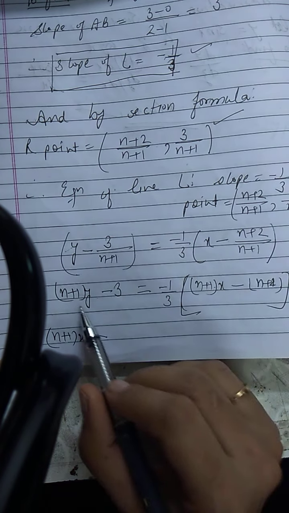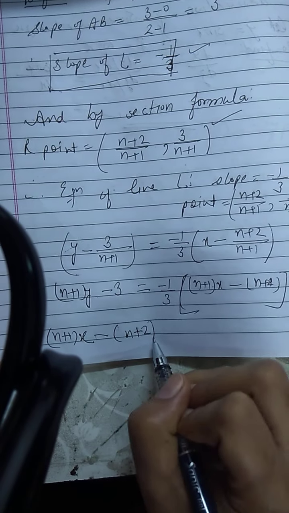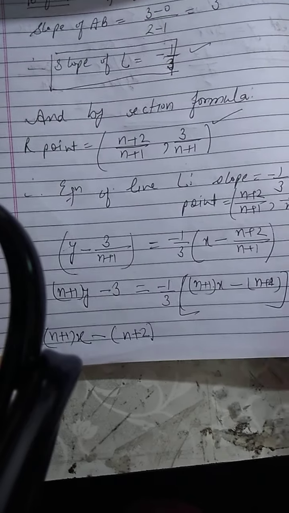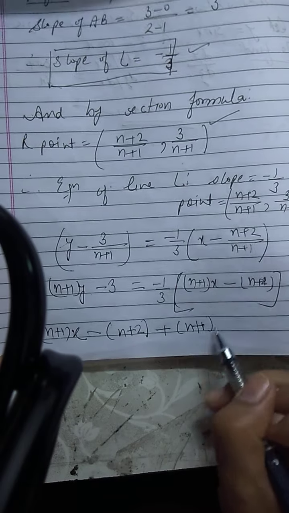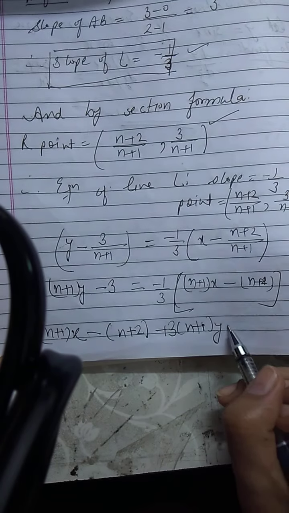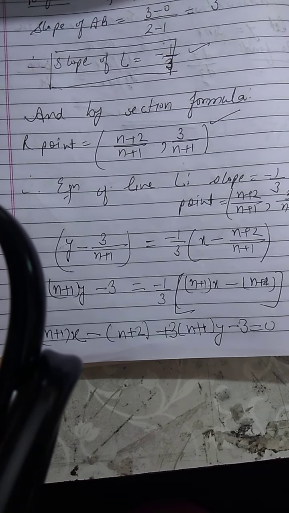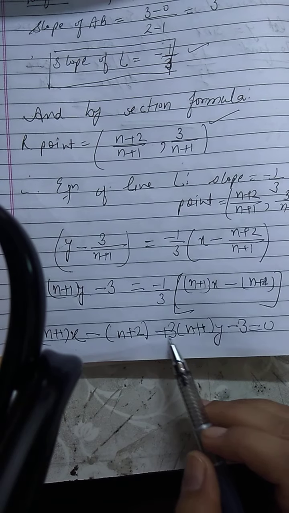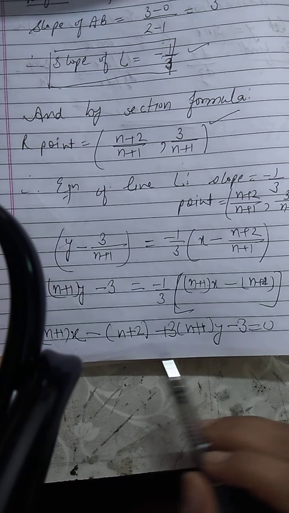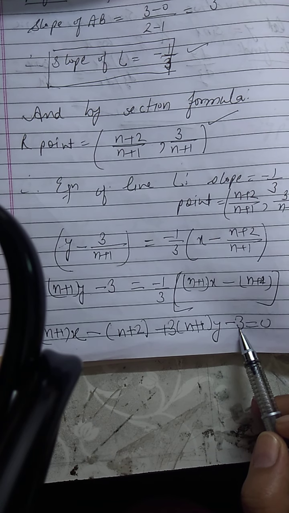again minus because this term I am taking to this side. So minus of (n plus 2), okay, and this term we will keep as such, plus (n plus 1) y, this 3 will get multiplied here, minus 3 equal to 0. Okay, so if we just finalize the terms, we will get here (n plus 1) x plus 3 times (n plus 1) y, minus n, minus 2, minus 3, these terms also will get adjusted.